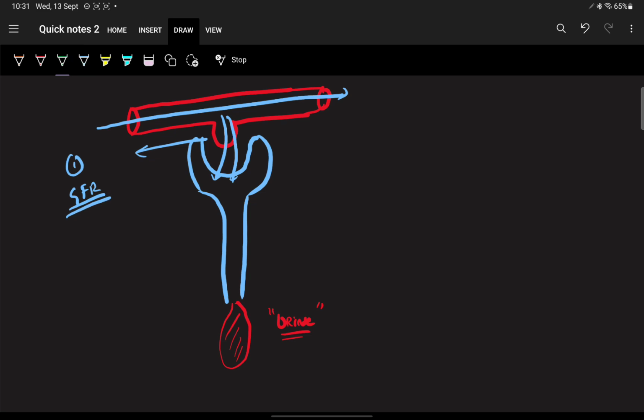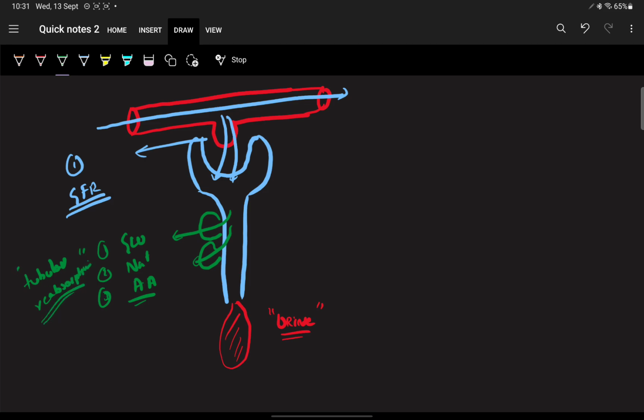Now in the proximal convoluted tubule, there are certain cells which will absorb certain substances, especially glucose, sodium, amino acids, which are needed for our body in cellular metabolism, and this is called your tubular reabsorption. What is meant by tubular reabsorption?